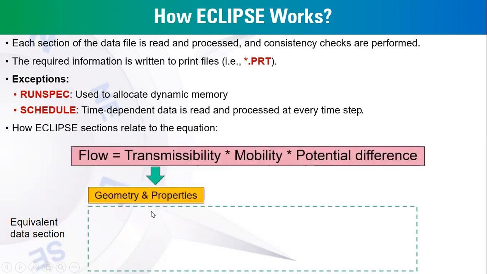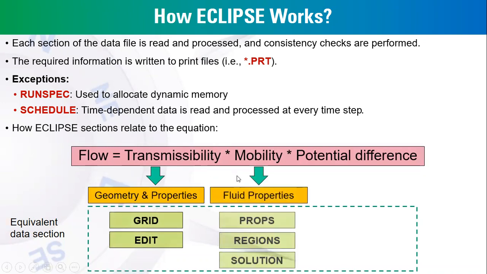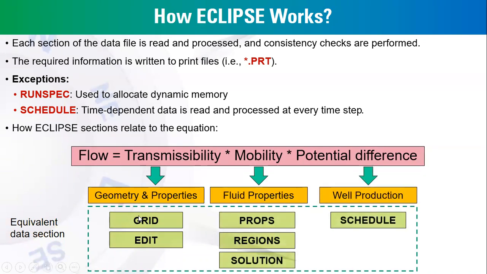So back to the simulation flow equation, as you can see, this is the equivalent simulation data file section. Transmissibility is a function of geometry, or 3D rock geometry, and rock properties. So the equivalent data sections in the simulation data file are the grid section and edit section.